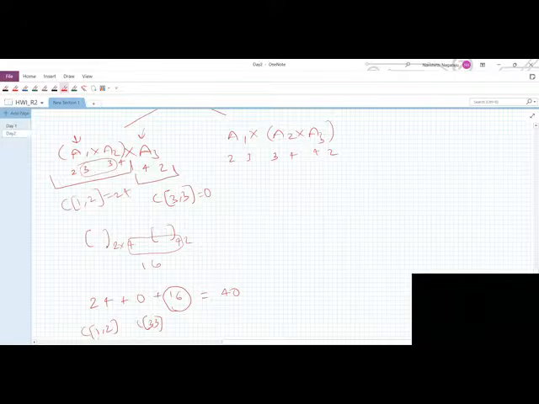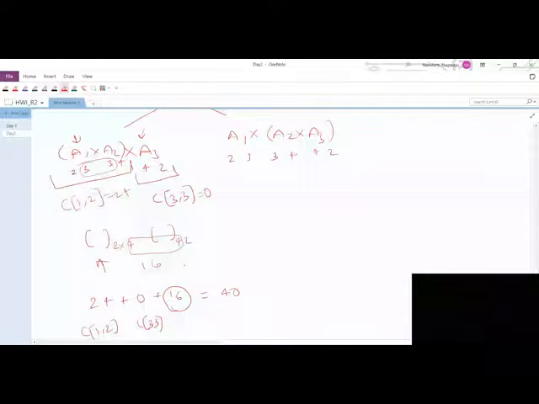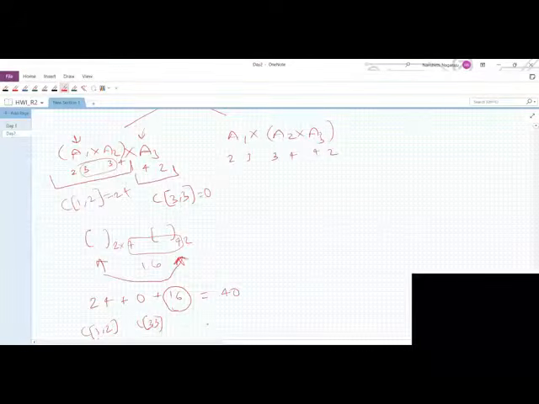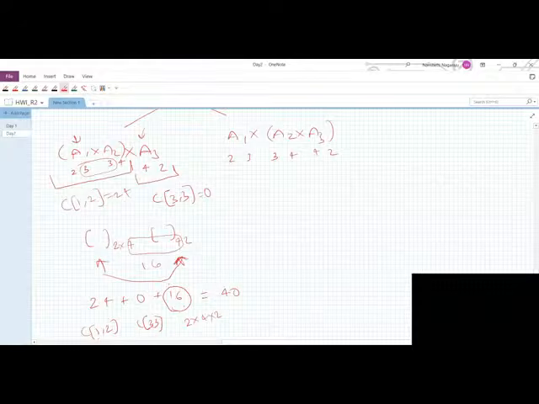By using the answer of the initial matrix, we got this 16. So we can represent this 16 as answer into our third answer, which is 2 into 4 into 2.